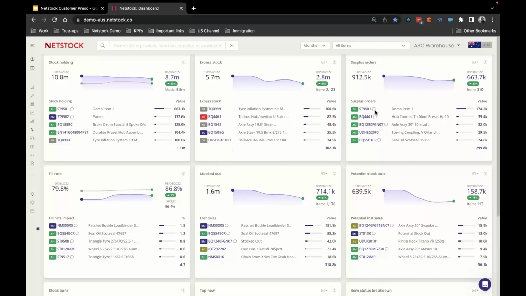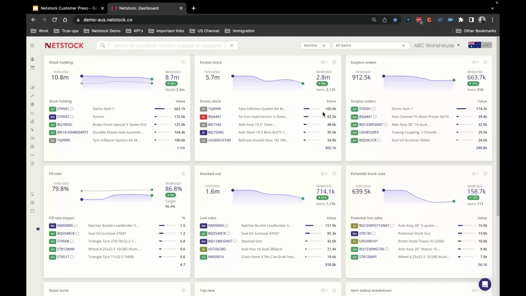You'll see there's a top 5 over here. You can go into a whole list over here, but we typically don't expect you to work through 2,000 items in a day or a week or even a year, or the 310 over there. So we always have the top 5 based on highest value or highest impact on the business, so that we can focus on the items that have the biggest impact, and you can be as effective as possible in fixing those items.